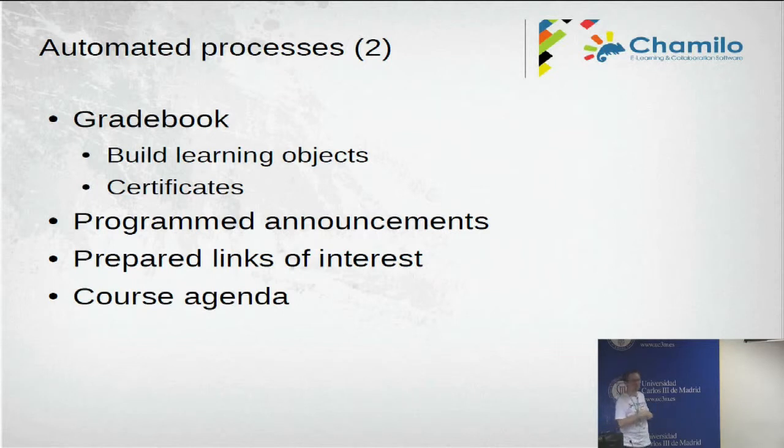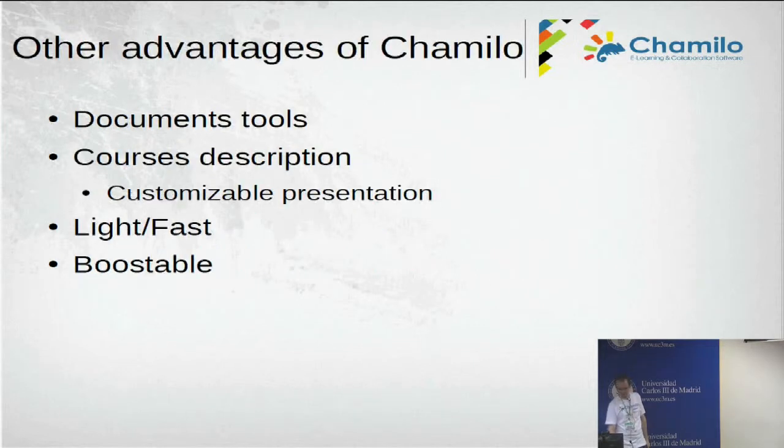You can build learning objectives, so you can say, you have to finish the learning path and handle this kind of object inside your course to be able to get to the score required to finish the course, and that generates an automatic certificate that you can get as a student that shows your name and that kind of stuff, and it's all automated, so you don't have to do any manual process. You have programmed announcements, you can prepare links of interest, you have a course agenda you can set up.